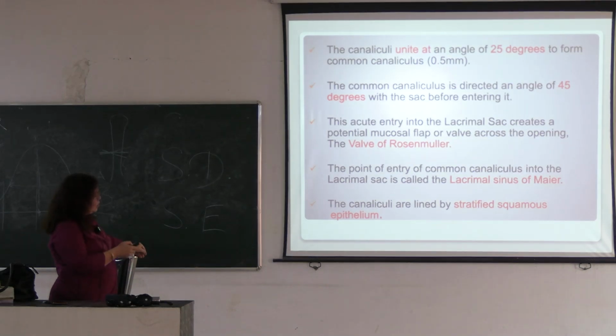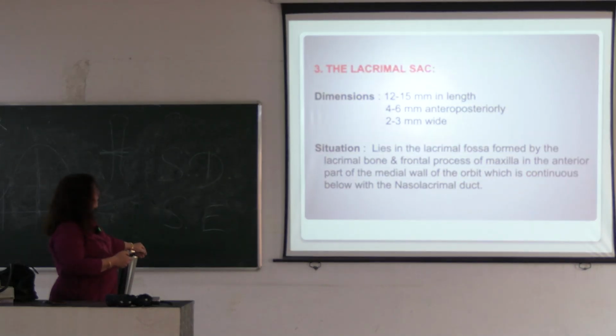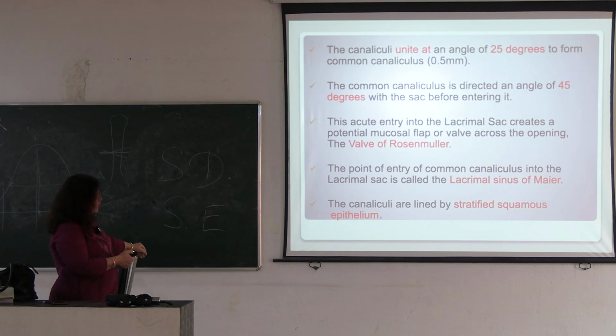This common canaliculus is directed at an angle of 45 degrees. The common canaliculus is present at 25 degrees, but it is again angulated at the opening of the lacrimal sac.